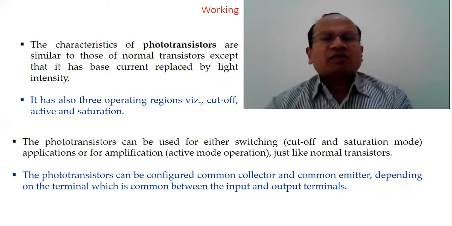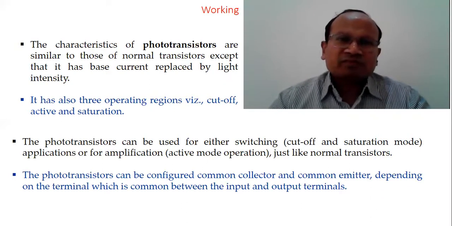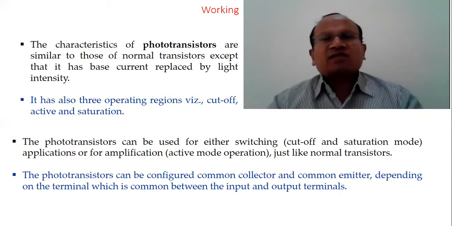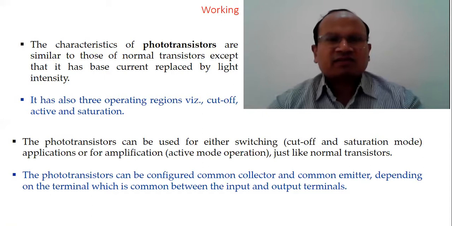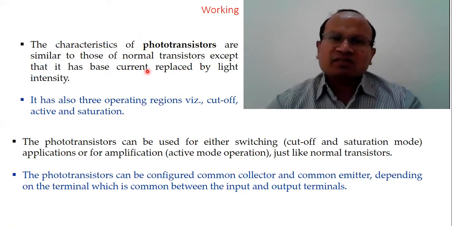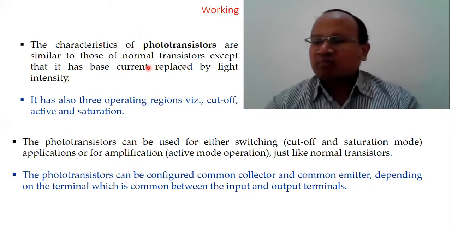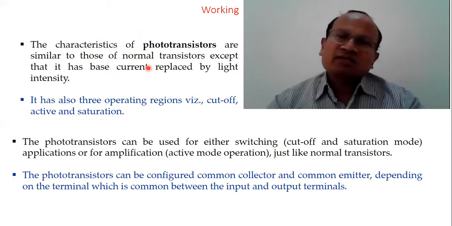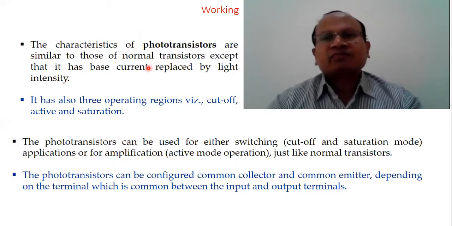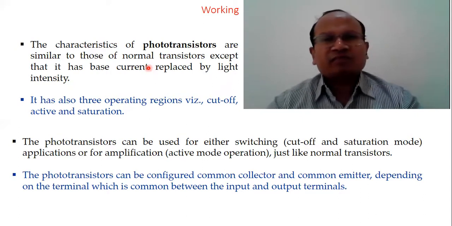Okay. Now how does it work? Let's understand the working principle. The characteristic of a phototransistor is similar to a normal transistor. If you remember, a standard normal transistor works as an amplifier, and a good amplifier is always considered to be the common emitter amplifier.